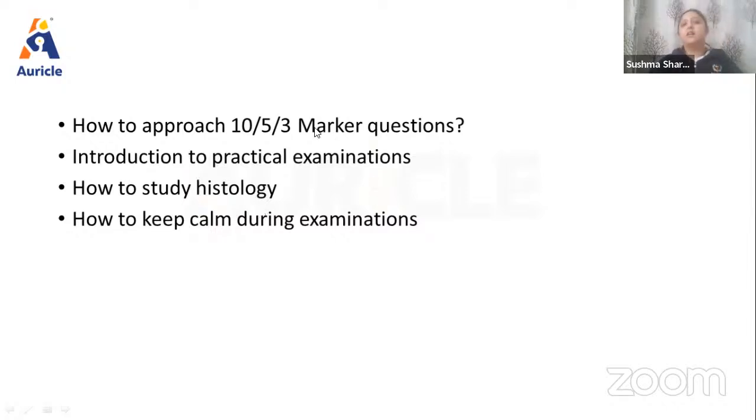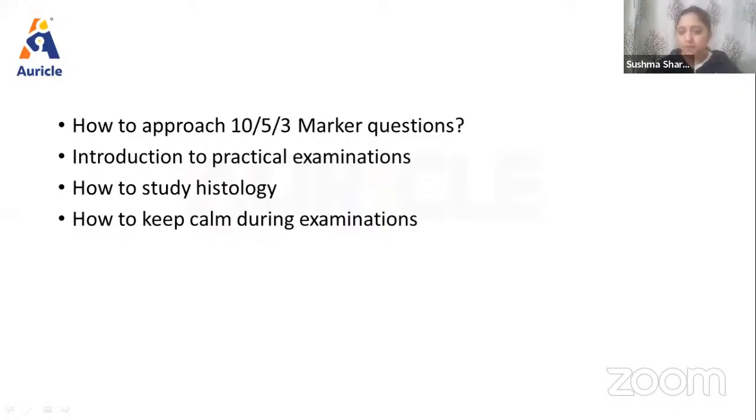Number one, a long essay will begin with some clinical case scenario. Okay? A long essay will always begin with a clinical case scenario, and with the kind of examinations that are coming up, we are now talking about integrating anatomy with surgery, integrating anatomy with orthopedics, isn't it?